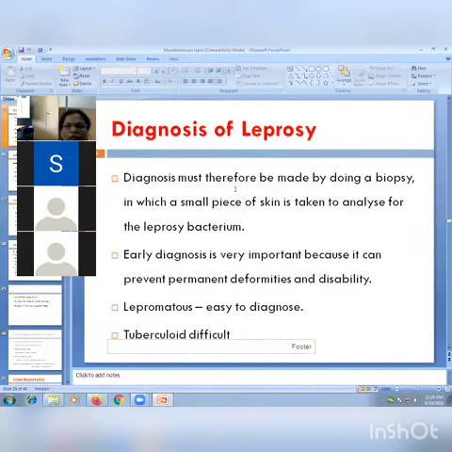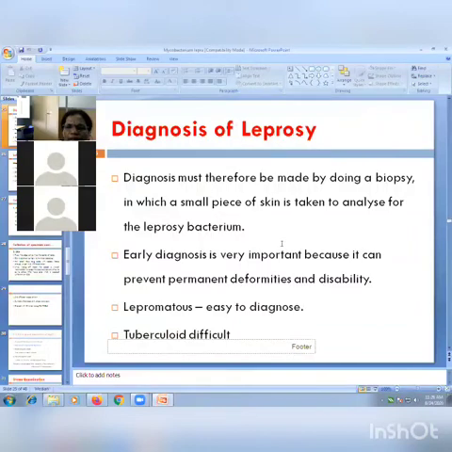For diagnosis, a sample or skin clipping is collected from the site with a scalpel. A small cut is taken and the secretions from that site are collected, put on a slide and a smear prepared, and that is seen by modified Ziehl-Neelsen staining, where 5% H2SO4 is used.